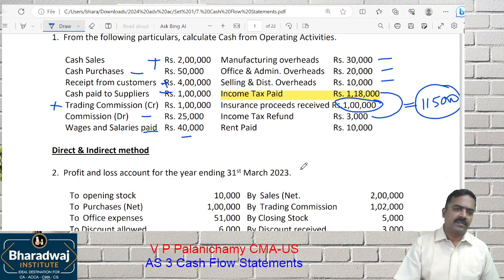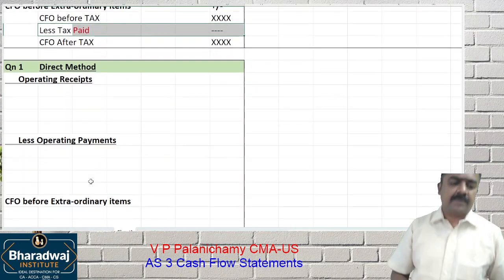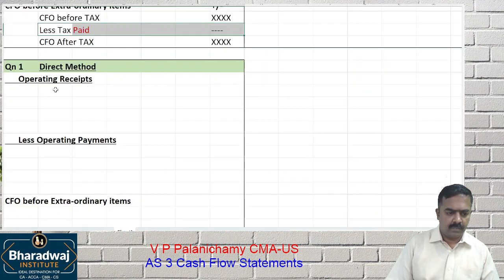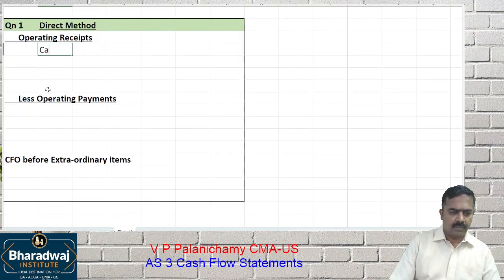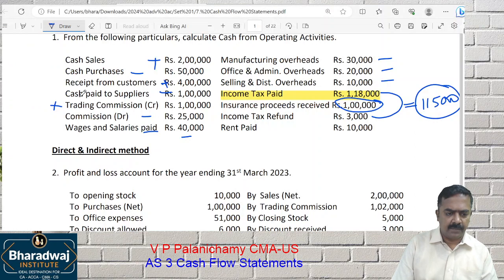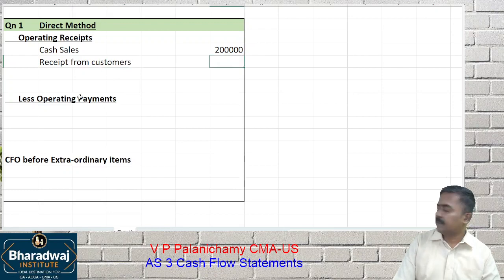Try it. So put receipts minus payments and try it. What all will come? Cash sales, then how much?